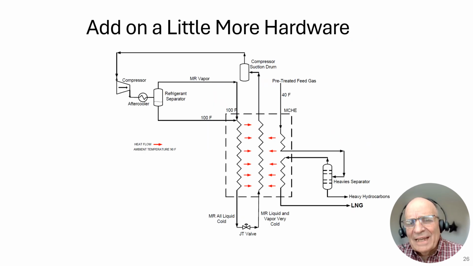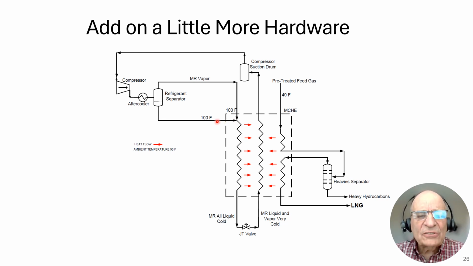This is the same exact process, but it has a little more added information. We have our compressor, we have our aftercooler. Now we have a refrigerant separator that takes the MRL liquid and the MRV vapor and separates it. And then it recombines it. And why would you do that? You separate it and then recombine it.